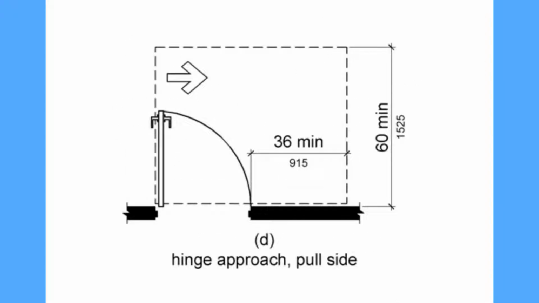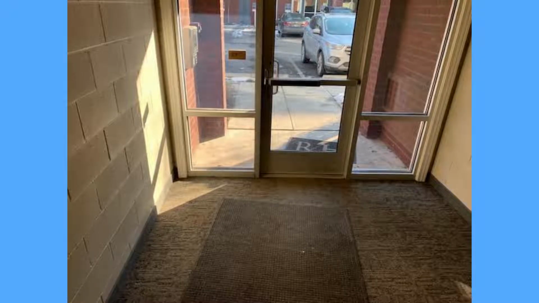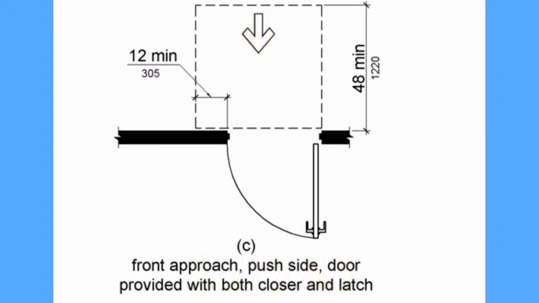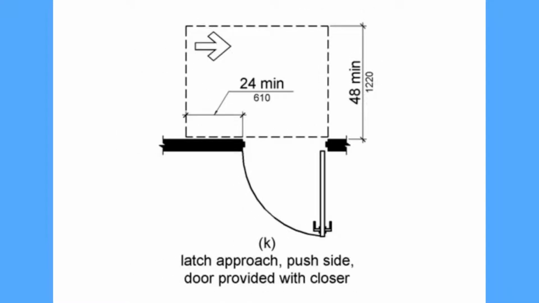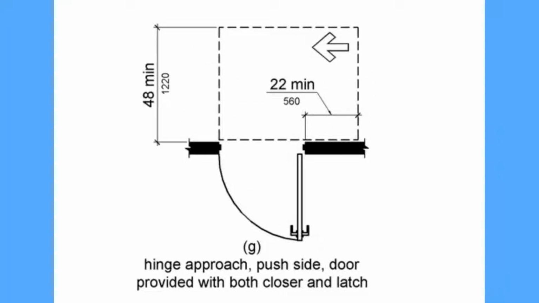Each approach requires clear floor space for maneuvering clearances per the table. There are some additional requirements for maneuvering clearance at doors with either a closer and a latch.